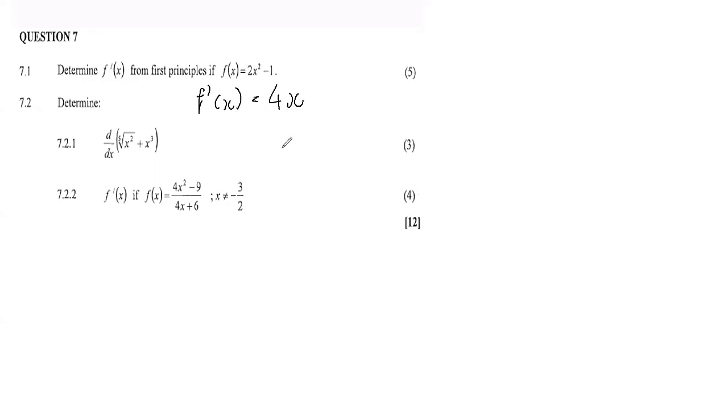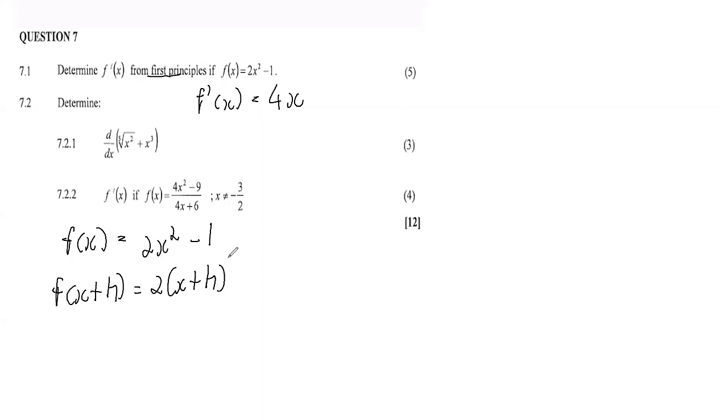But then you will have to remember that we are not solving this in terms of the rules, we are solving in terms of first principles. So now you get to the drawing board. Your f of x is 2x squared minus 1. Then you need an expression for f of x plus h. What this means is that where there is x, you replace it by x plus h, then square that, minus 1.